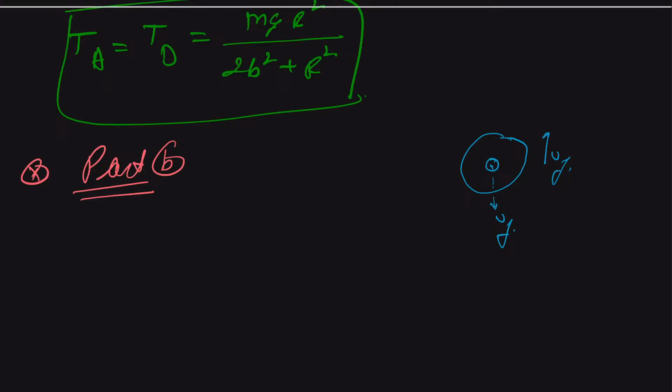And we can say that it started from this height and the string is completely unwound. So here the string is completely unwound, and this is given as our h. So this is our initial position and this is our final position.